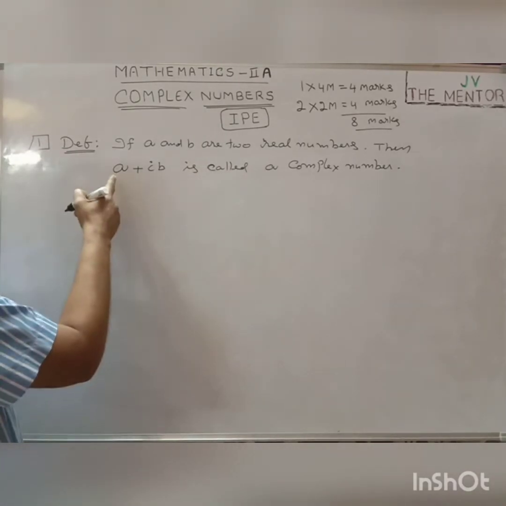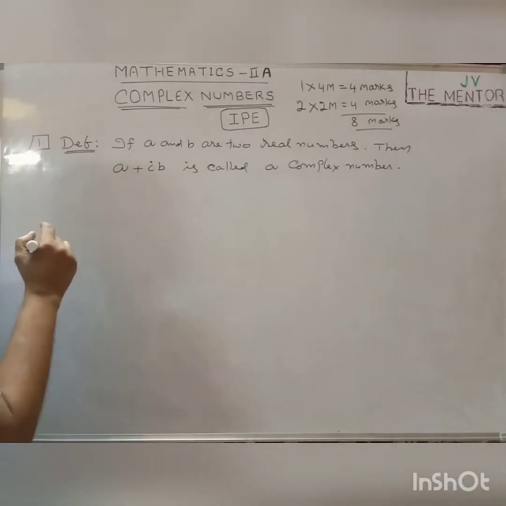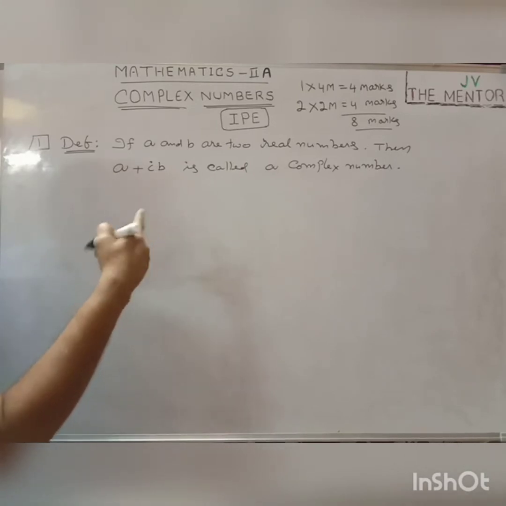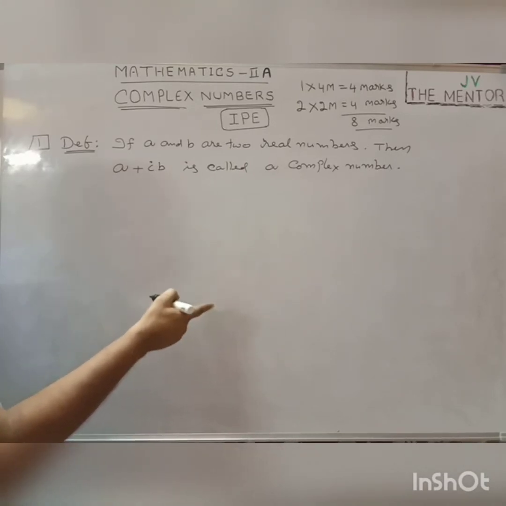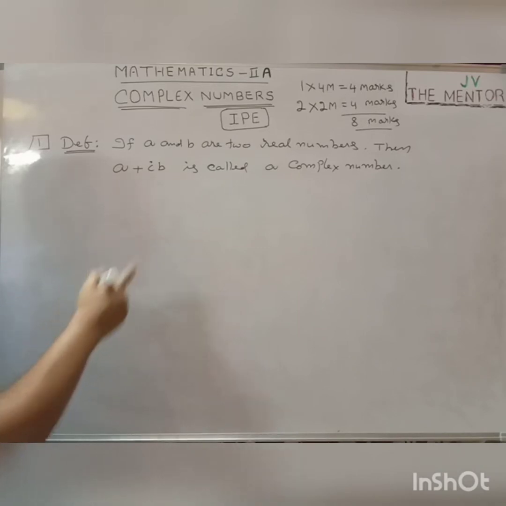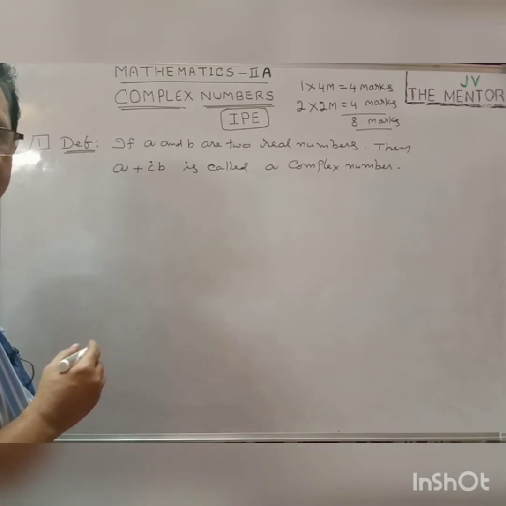Here A is called the real part and B is called the imaginary part of the complex number. What about i? i is called the imaginary coefficient.